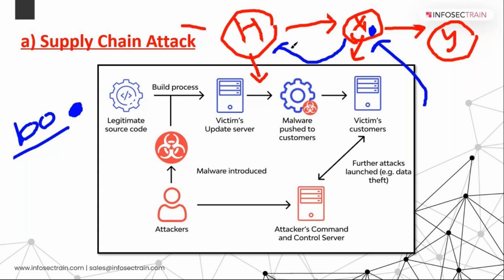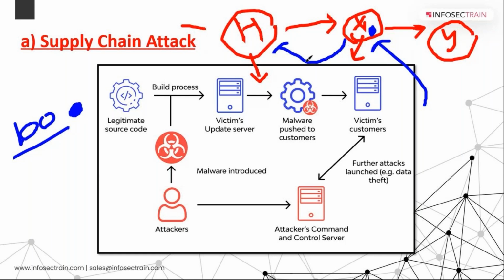So let's say this X gets compromised with a very sophisticated virus, and now all these motherboards are compromised. Let's say in a day it manufactures 100 motherboards specifically, and all those motherboards would be infected.